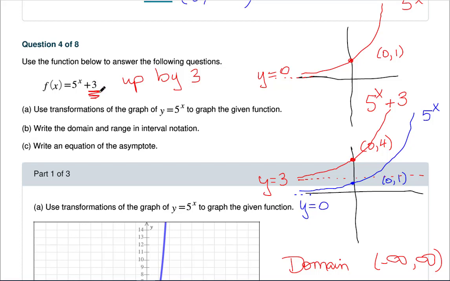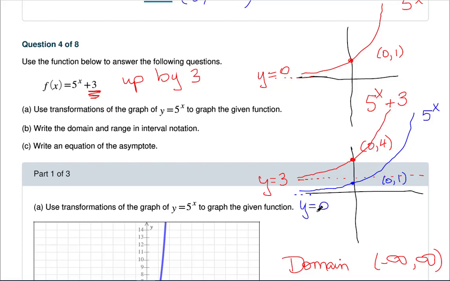Now, the entire graph. So let's see. Normally it's at 0, 1. So if you go up by 3, 1 plus 3, it's now crossing at 4.